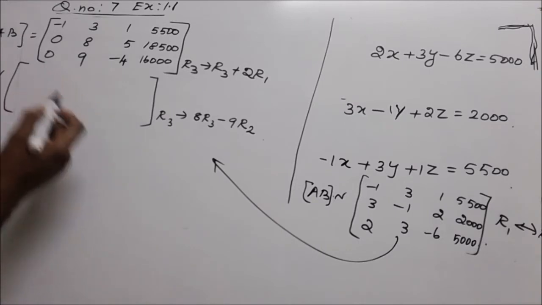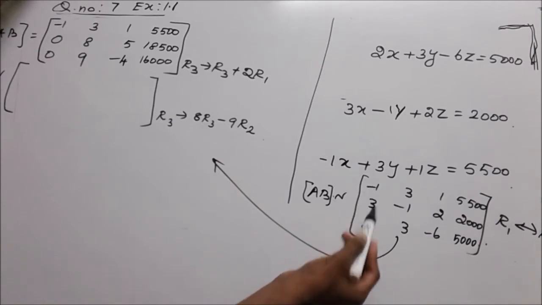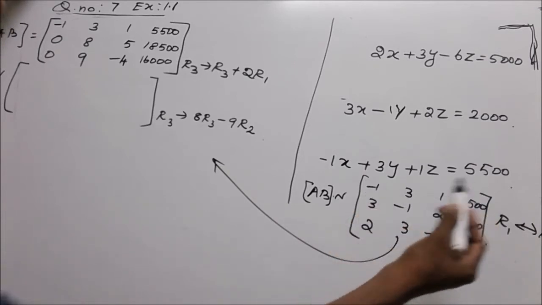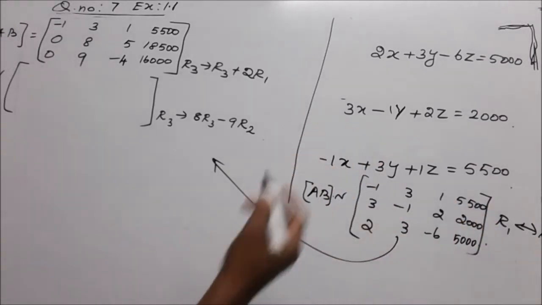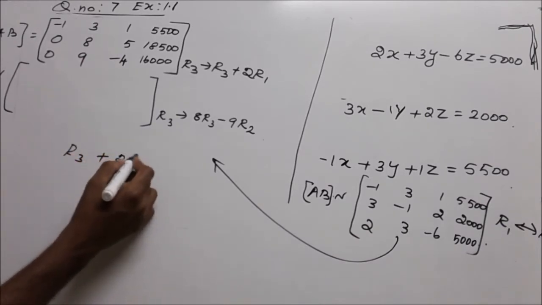Here to make this entry as 0, multiply the first row by 2 and add, because we have a minus sign here, 2 minus 2 becomes 0. So multiply R1 by 2 and subtract from R3. That is R3 plus 2R1.